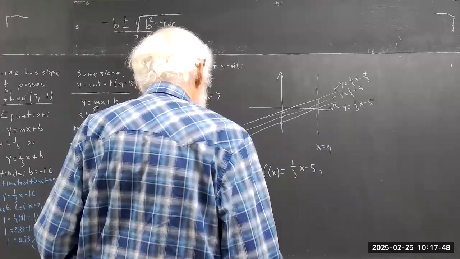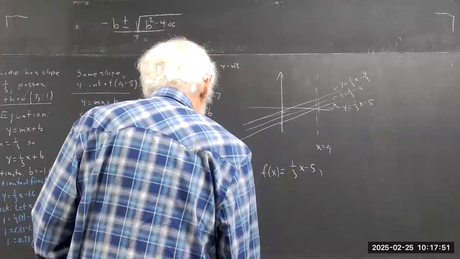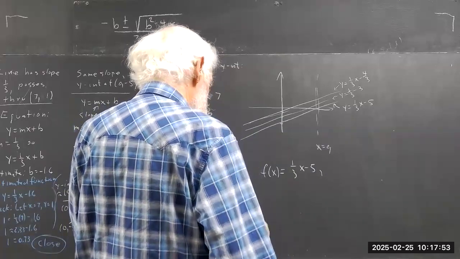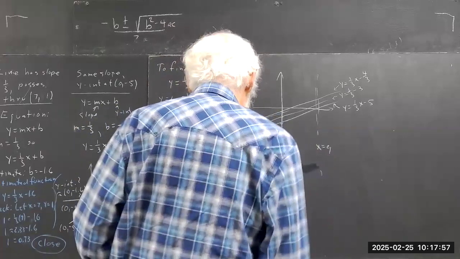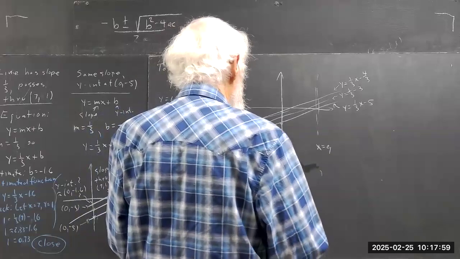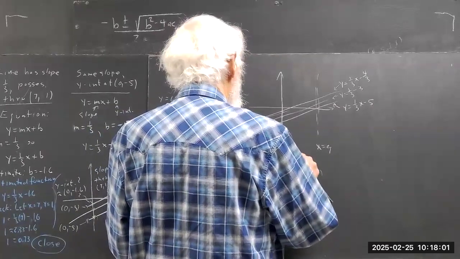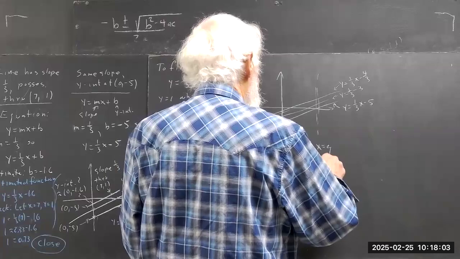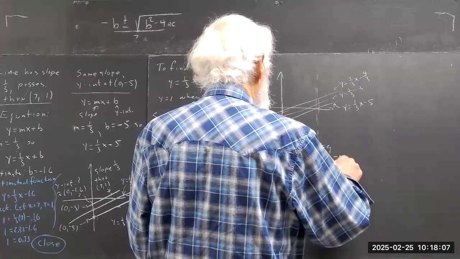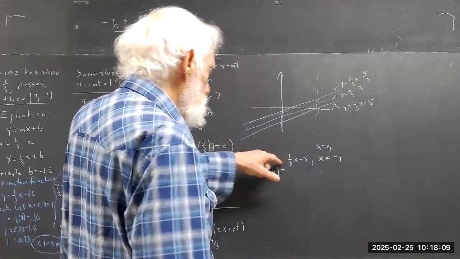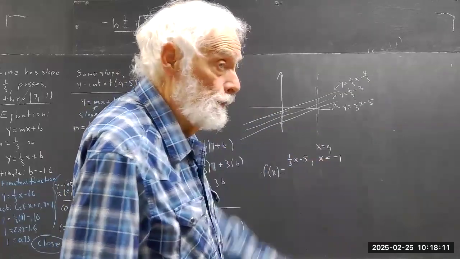I'm going to position that differently. One-third x minus 5 when x equals -1.